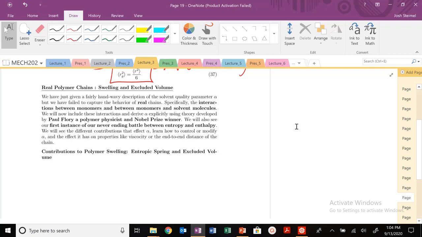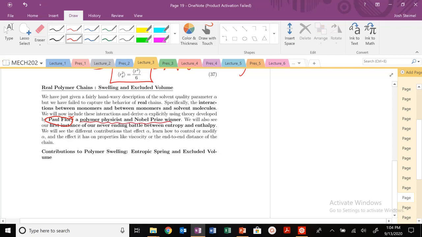Next time we are going to get into a really fun derivation of polymer swelling. We know qualitatively how polymers should behave in a good solvent or a bad solvent, but now we're going to get a little into the math, and we're finally going to meet our really good friend, Paul Flory, who we saw on the first day of our class.